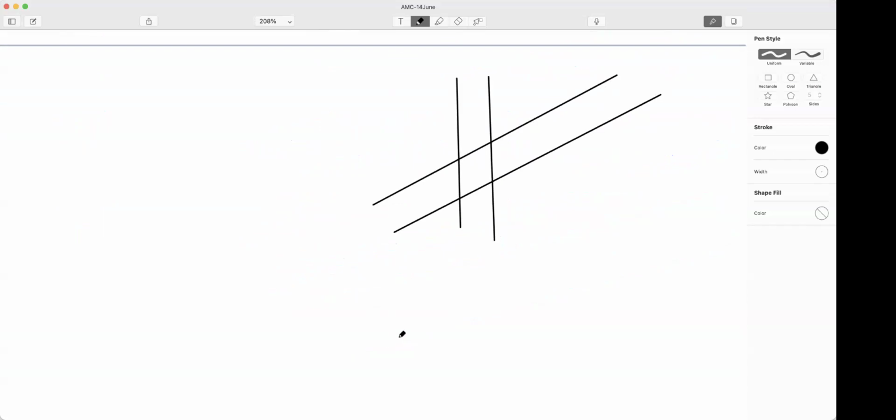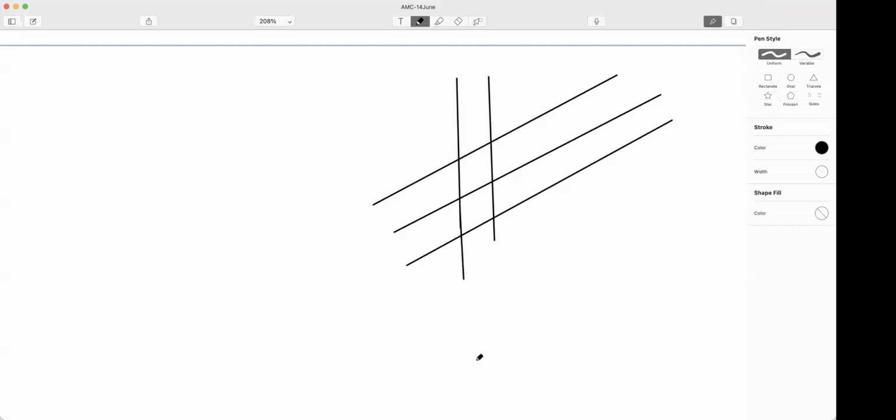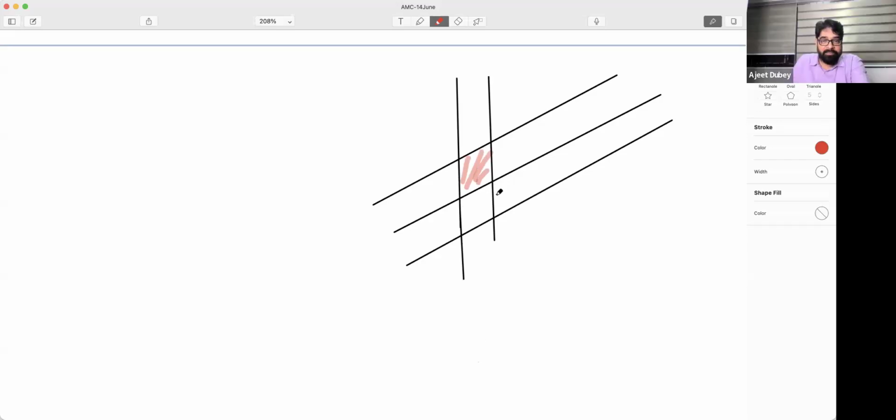Sir, 1. If I say one more line is here, only in this set, not in this set, how many parallelograms? 2. How did you say two? By counting. This is one, this is two, and this bigger one is also there, right?